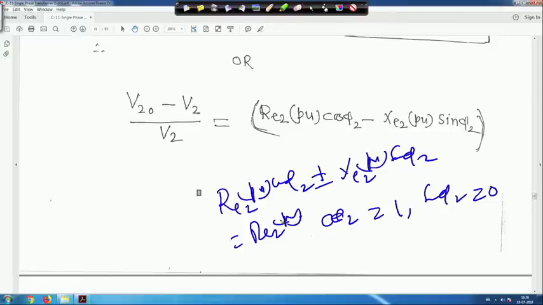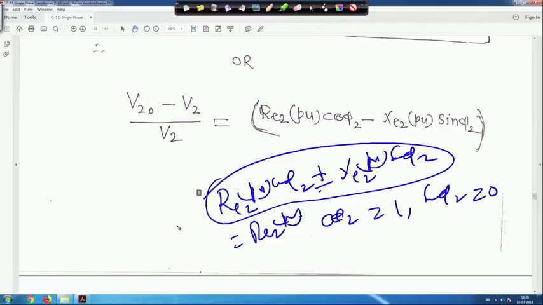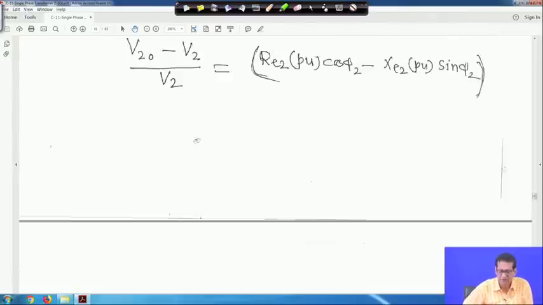If it is a lagging power factor, it will be plus this term; if it is a leading power factor, it will be minus. You have to keep this in mind in general. So, for unity power factor phi 2 is 0, for lagging power factor the sign should be plus, and for leading power factor the sign should be minus.